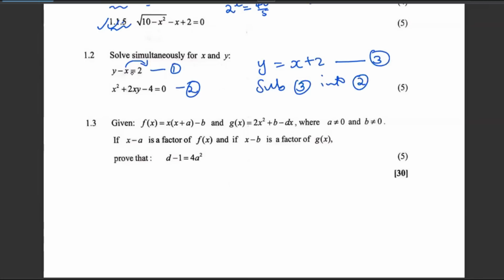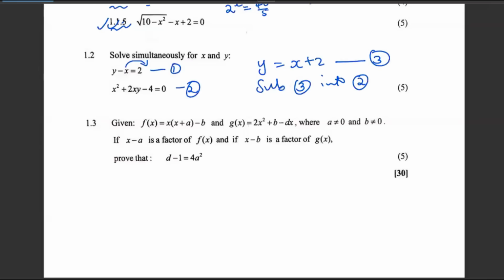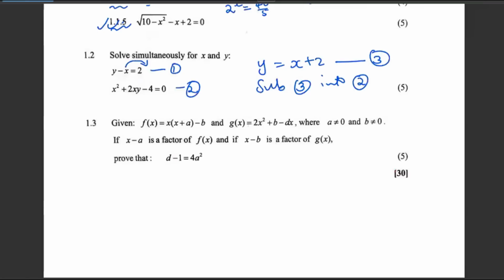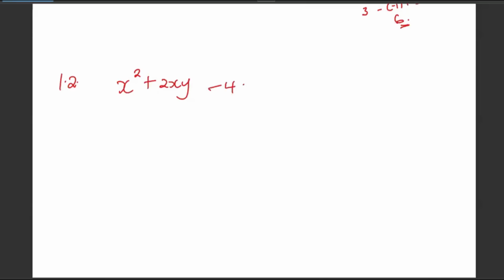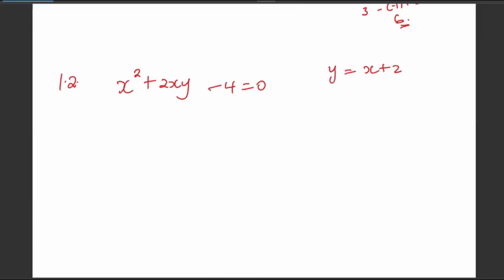So I'll put it this side. This is 1.2. So we have x squared plus 2xy minus 4 is 0. But we said our y is going to be x plus 2. Is that true? Good. So we just substitute this where there is y.